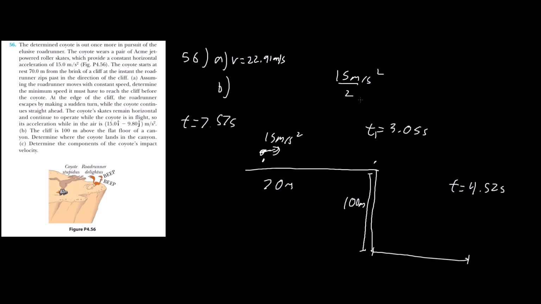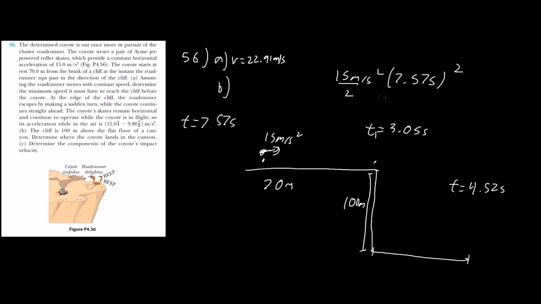That way I don't have to take the initial velocity into account. I'm going to take 7.57 seconds squared. So I'm going to take 15 divided by 2 times that squared. The whole total distance would be 430 meters.